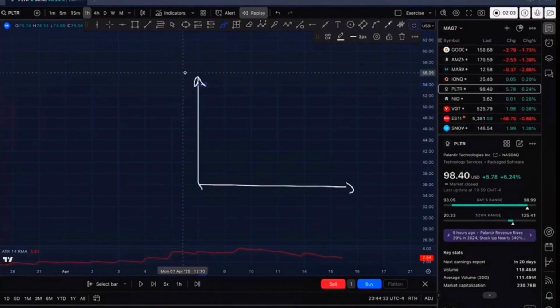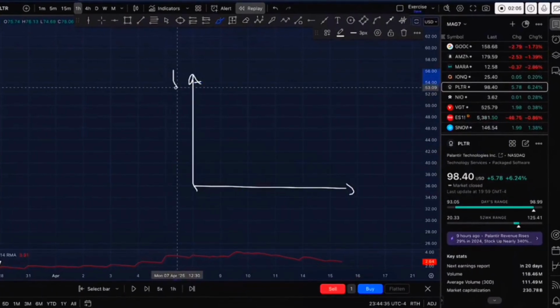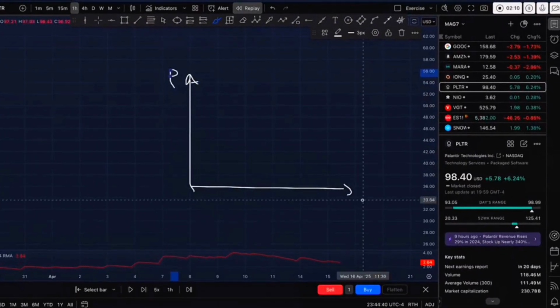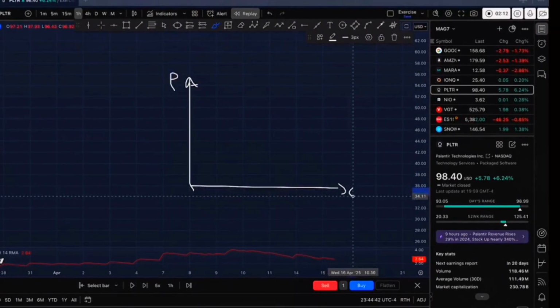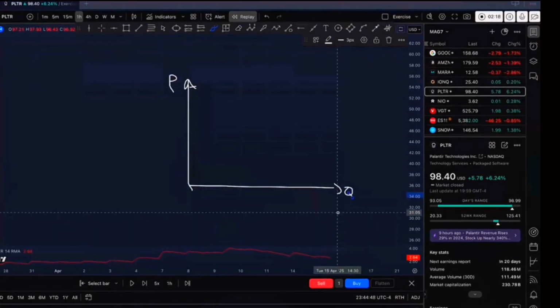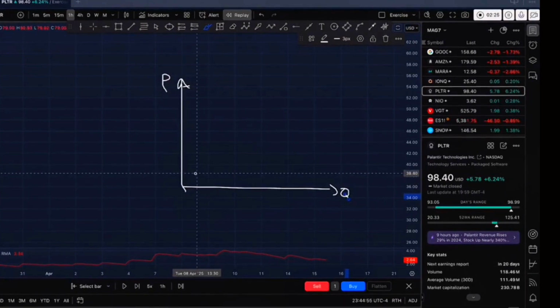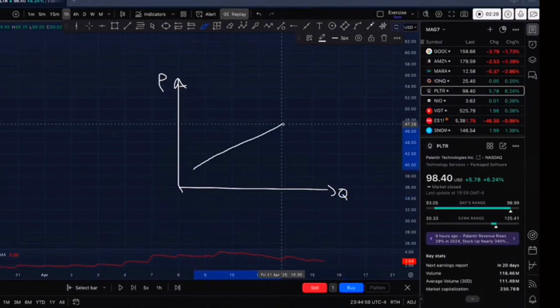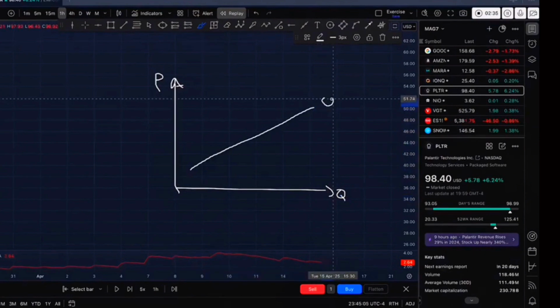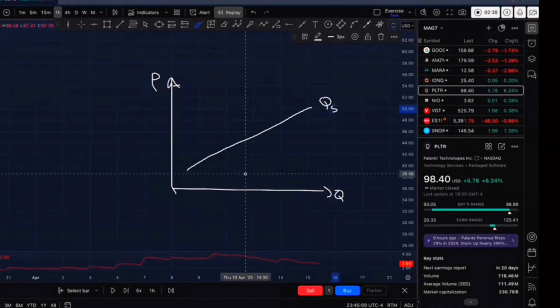On the y-axis we have P, that's price, and on the x-axis we have Q, that's quantity. We have a positive correlation going up, that we will call quantity supplied, and a negative correlation, this is the quantity demanded.